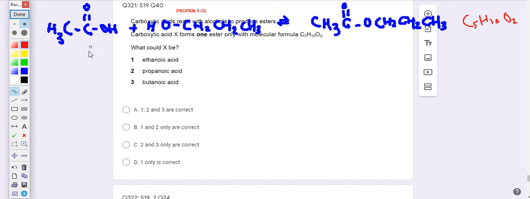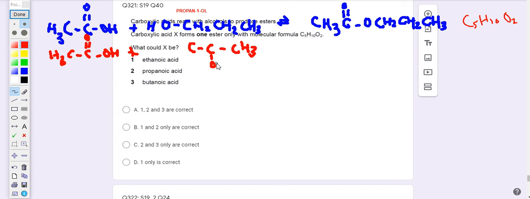Okay, now I'll use the same carboxylic acid, ethanoic acid. Okay, but I change this 3 carbon alcohol to propan-2-ol. Okay, propan-2-ol means the OH is bonded to the second carbon.